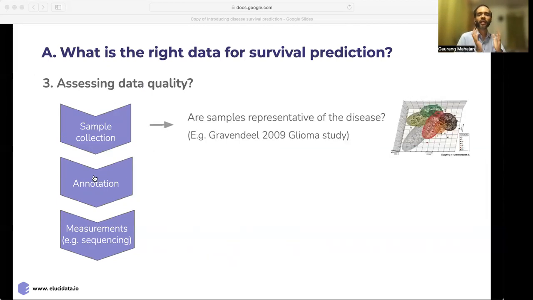First, are the samples collected of good quality and representative of the disease? This can be hard to assess in a downstream reanalysis of published data, but sometimes visual inspection of the data with unsupervised methods could help catch suspect outliers. There's this example of a study of glioma, an aggressive form of brain cancer, which used gene expression profiles collected from biopsy tumors.